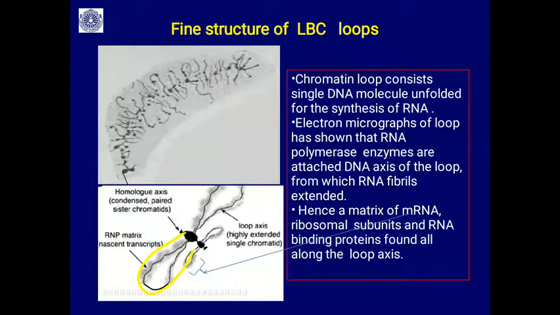This matrix of mRNA, ribosomal subunits and RNA binding proteins is found all along the loop axis. This is the loop axis, surrounded by a matrix rich in mRNA, ribosomal subunits and RNA binding proteins. So these loops are transcriptionally very active.